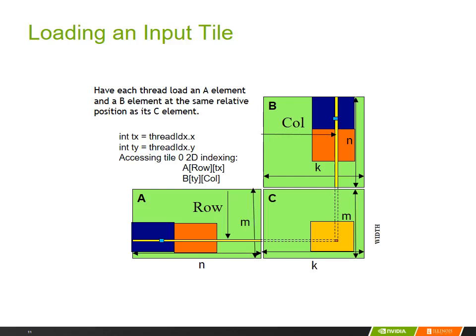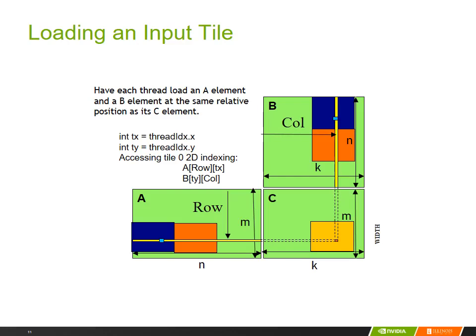Even though the access pattern of threads for matrix A goes down the rows, that is, each thread accesses one of the rows in A, when we actually load the tile, we do not use that pattern.